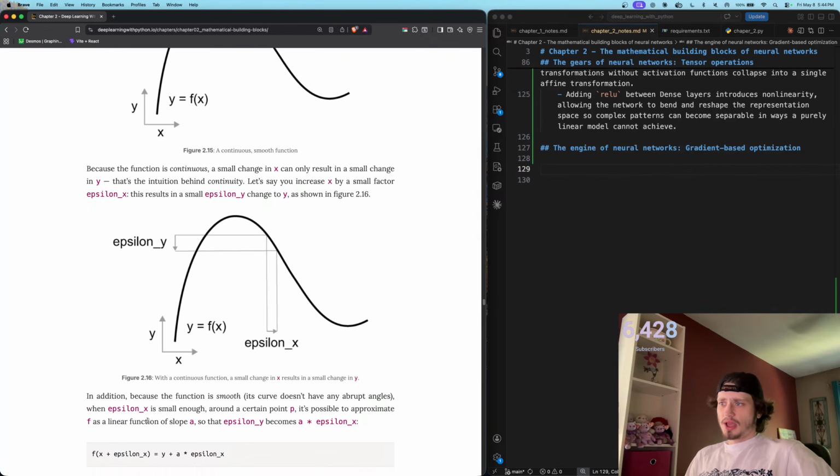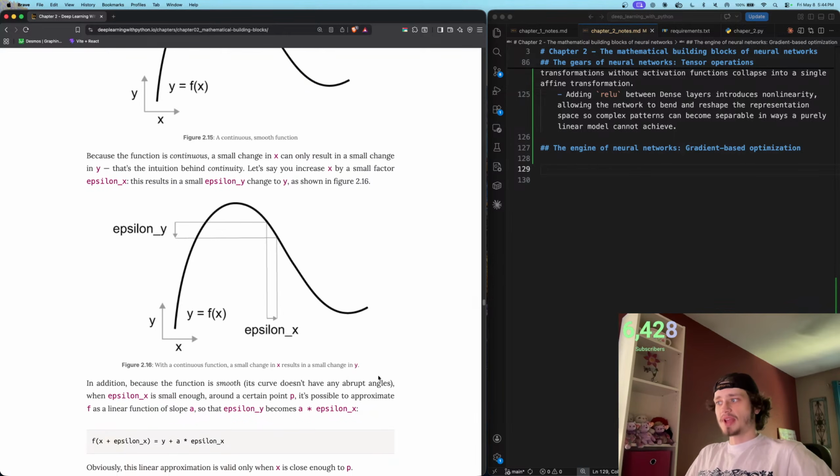In addition, because the function is smooth, its curve doesn't have any abrupt angles.